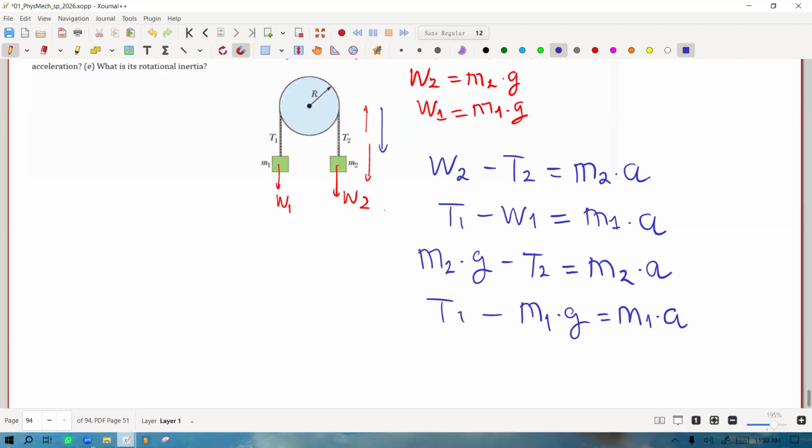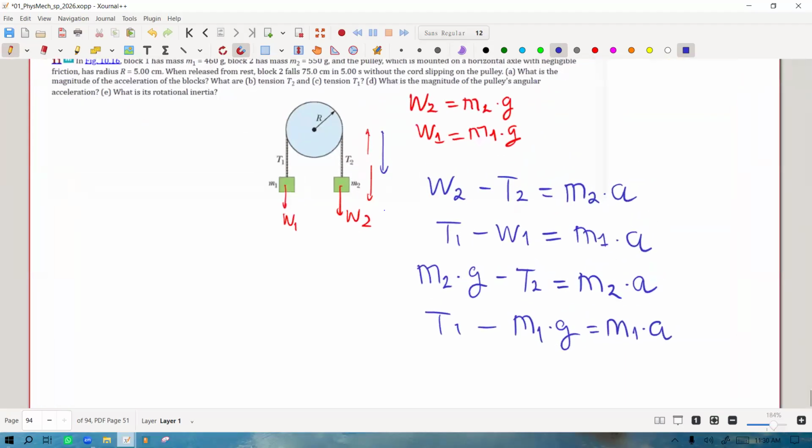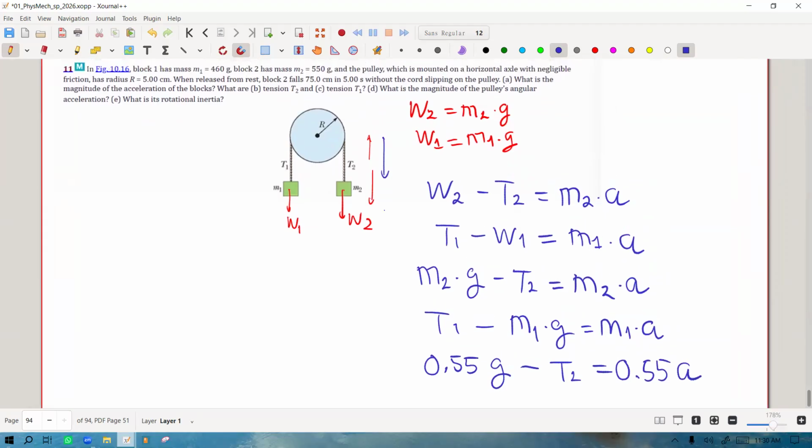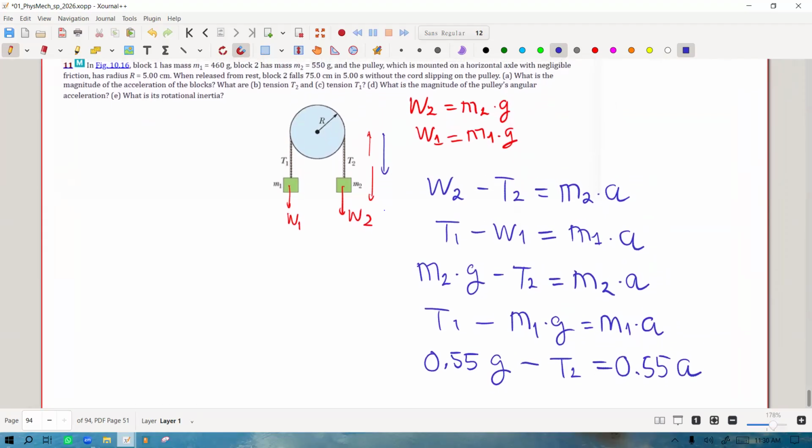So M2 is 0.55, right? We divide by 1,000. So here is 0.55 times G minus T2 equals 0.55 times A, and M1 is 0.46.